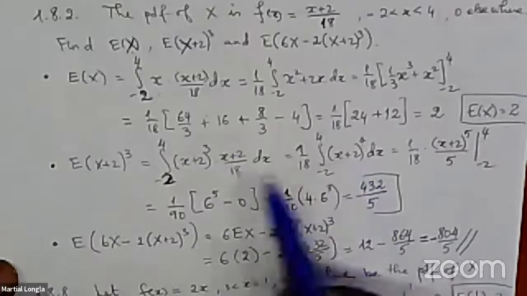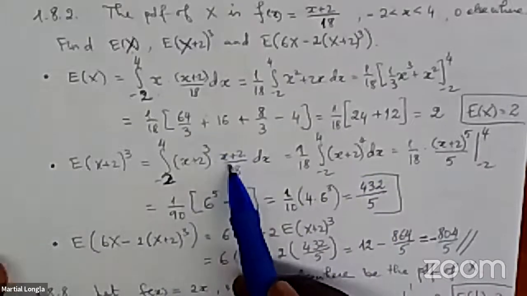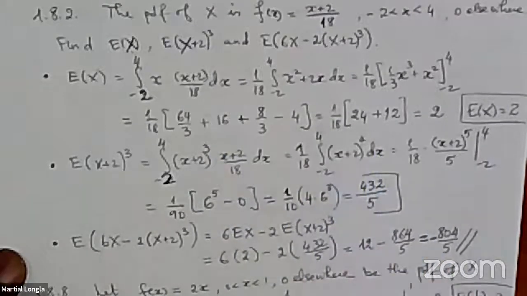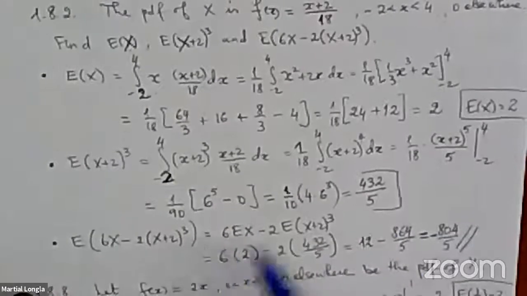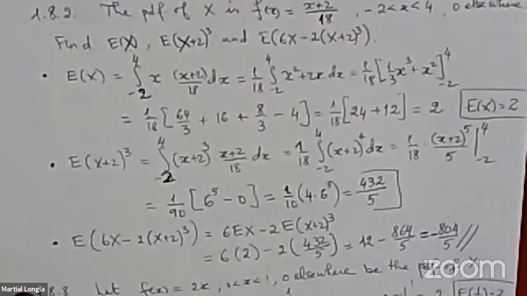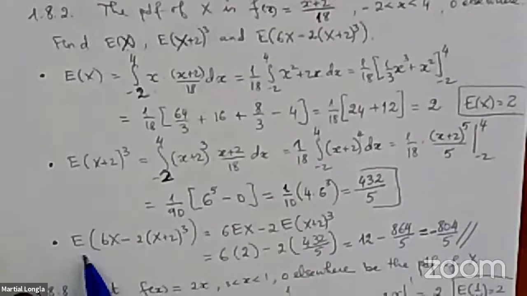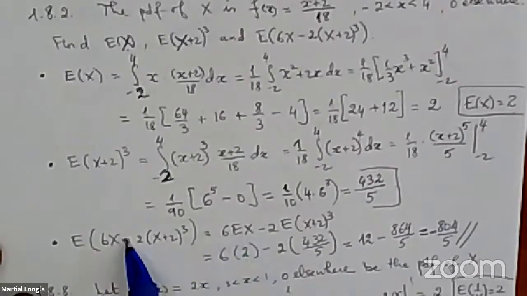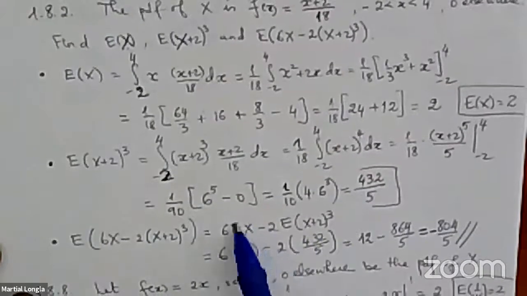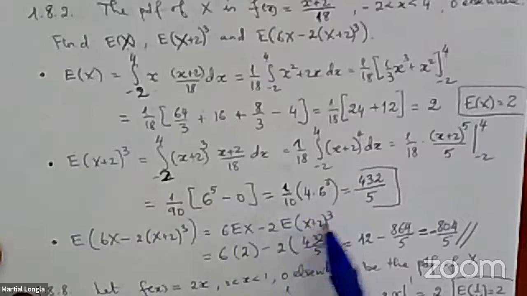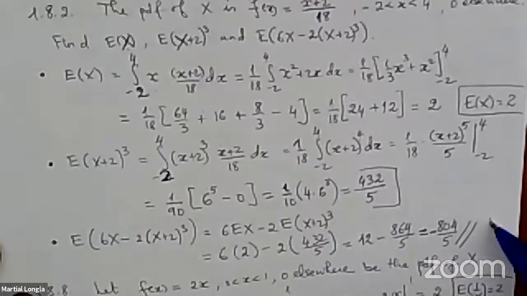That's (X plus 2) cubed times (X plus 2), which is (X plus 2) to the 4th, and when you integrate, it becomes (X plus 2) to the 5th over 5. Then you plug in the numbers 4 and -2, and you get this. For the last one, it is 6 times the expected value of X minus 2 times the expected value of (X plus 2) cubed. This you already know, it's 2. That one you know, it's 432 over 5. You put them together, and you get this one.